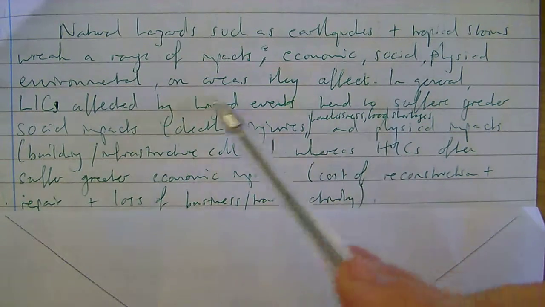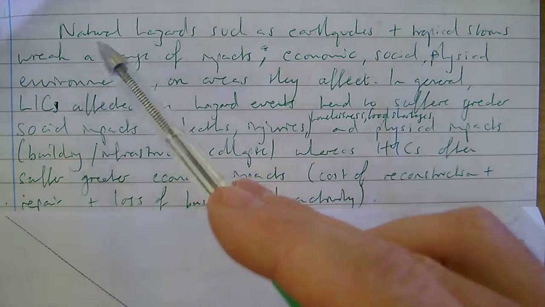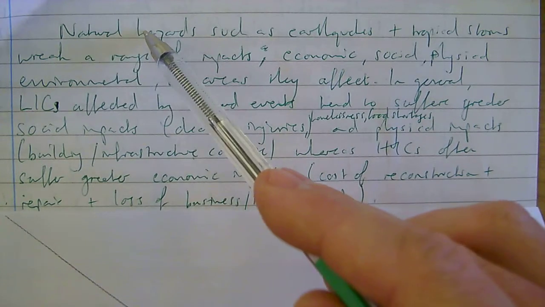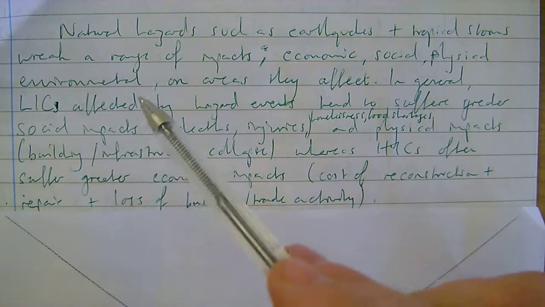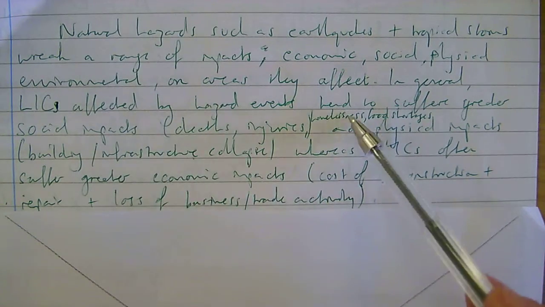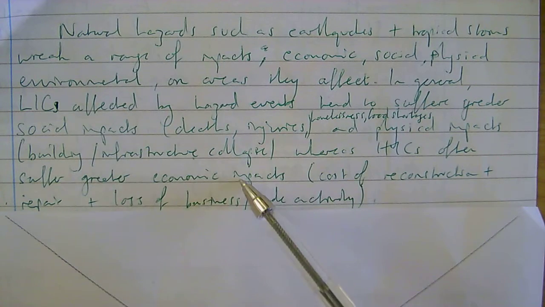So already in that opening paragraph, I am referring to terms in the question, hazards, LICs, impacts, and I'm discussing. I'm saying, yes, I agree with the statement to a certain degree. I'm not agreeing down here. I haven't presented any case study information, but that is yet to come in the answer.